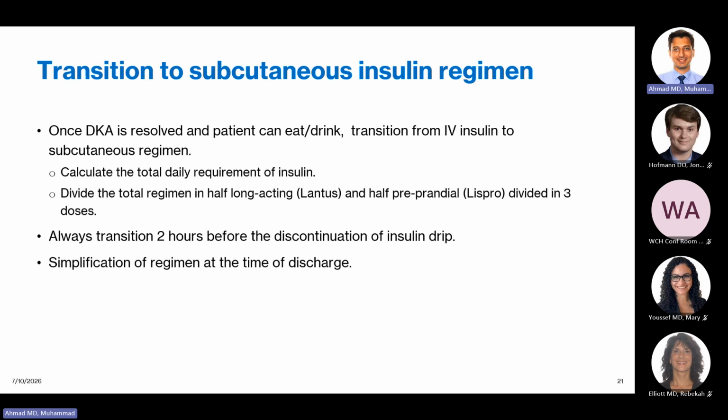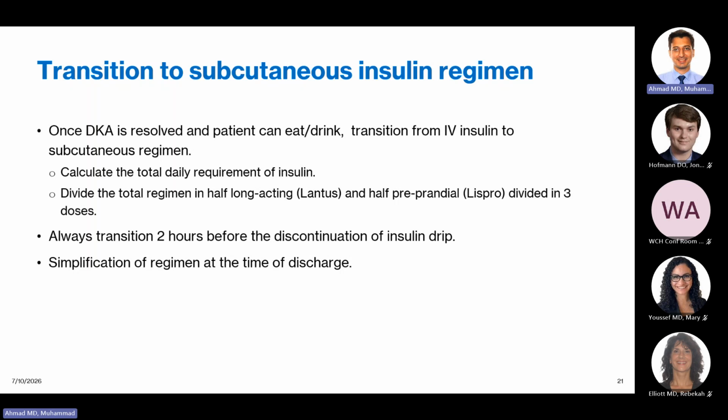So we have to ask the nurse how much insulin was used in 24 hours as shown in the Glucommander, and if it has not been 24 hours, they can calculate the total daily requirement. You can give it a good guess by saying 2/3, 1/2, but it is better to check with the nurse how much the software is showing.